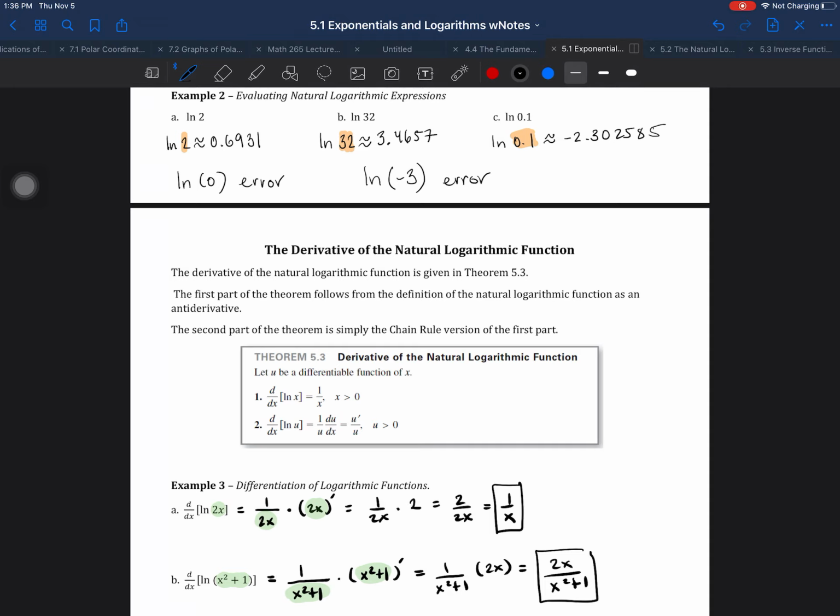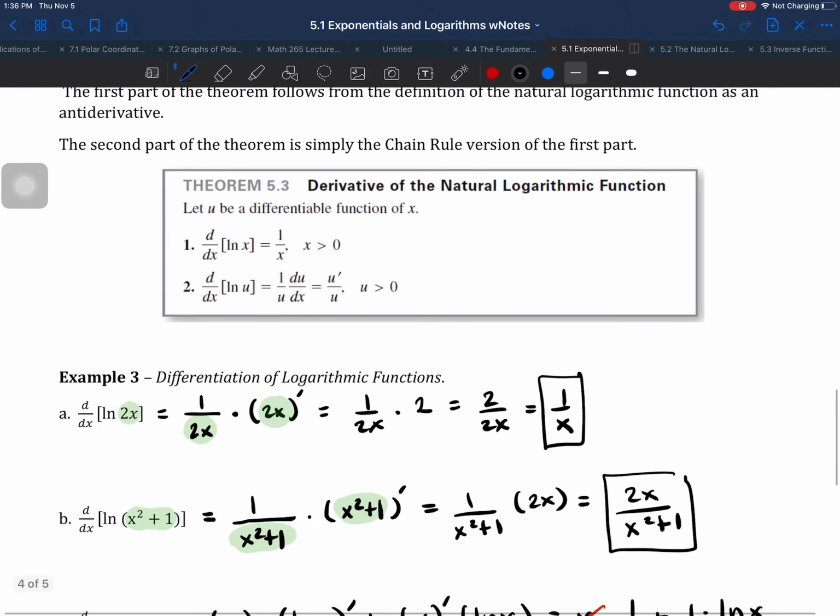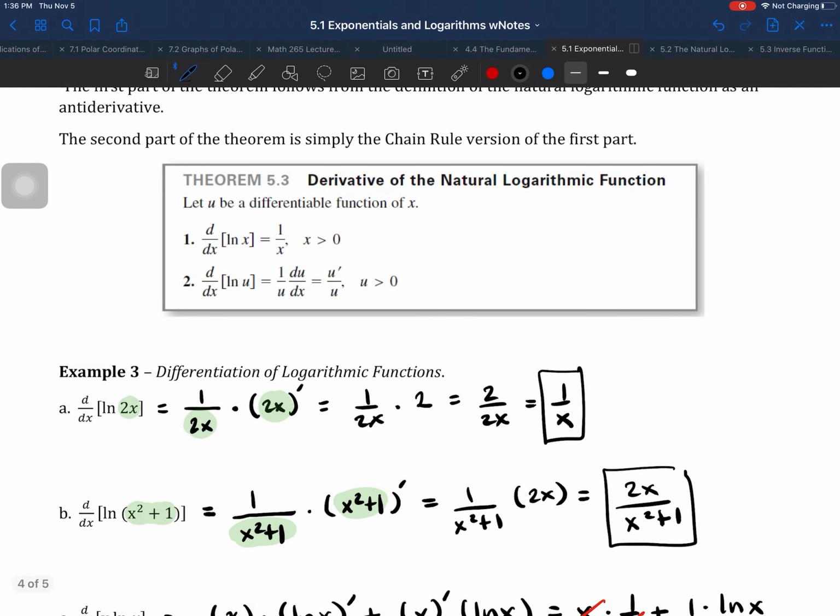The second part of the theorem is simply the chain rule version of the first part. So we are trying to define what is the derivative of the natural log. Notice that we never actually talked about natural log before this section, and so the derivative of the natural log of x will be 1 over x for x greater than 0.